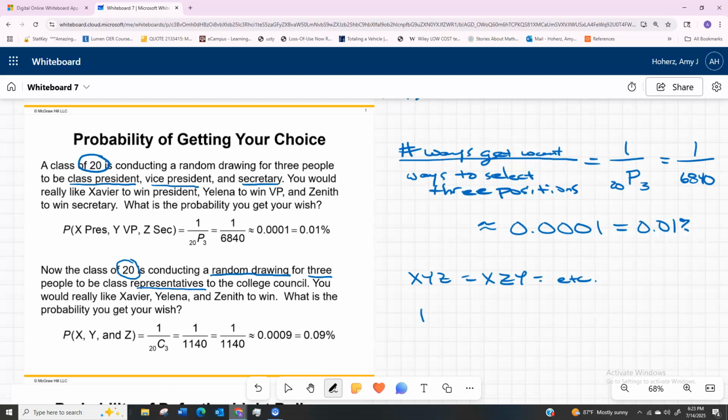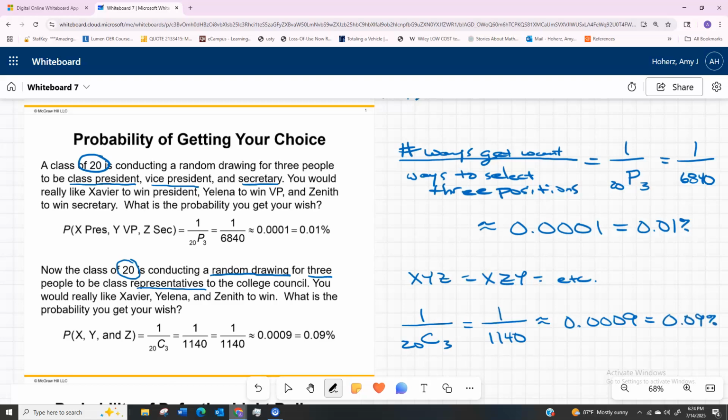And then on the bottom, because the order doesn't matter, instead of doing a 20P3, we're going to do a 20C3. And that gives us a 1 out of 1,140 chance, which when switched to a decimal is still very small, but it's not quite as small as what we had before. It's 0.0009 instead of 0.0001, which is 0.09%.